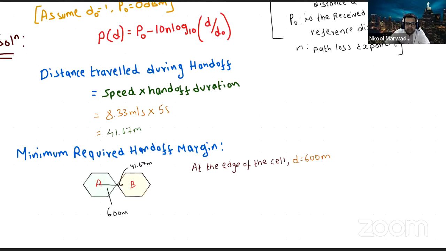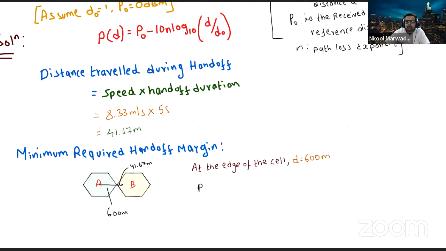Because when I reach the edge of the cell, what will be the distance? What is small d? Small d is the distance from the base station. So when I reach the edge of the cell A, the distance from the base station will be 600 meter. So power received, I can calculate.